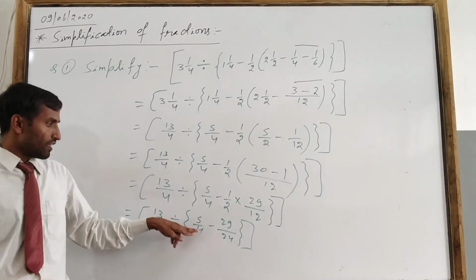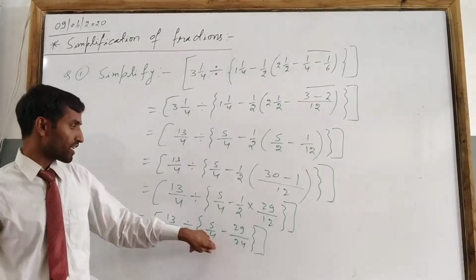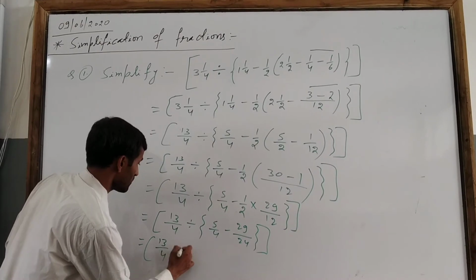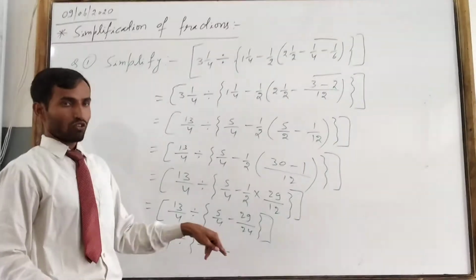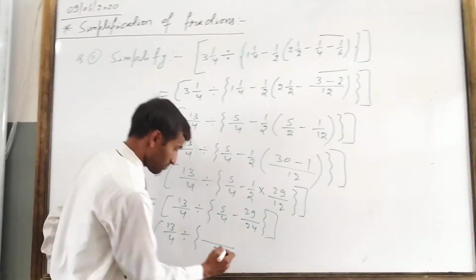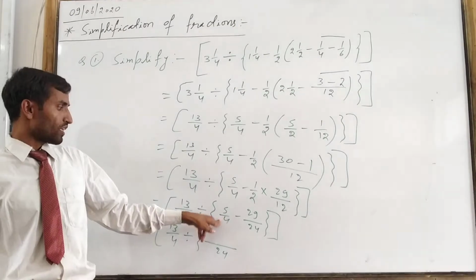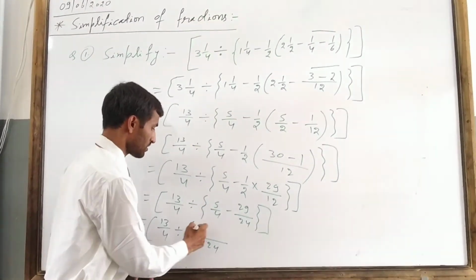After that, in this both having subtraction, so we will take the LCM of 4 and 24 again. Write down the next step: 13 upon 4 as it is divide curly bracket. The LCM of 4 and 24 is 24. After that we make the same denominator here. In the 4 table, 24 comes 6 times, so we multiply here 5 6s are 30.